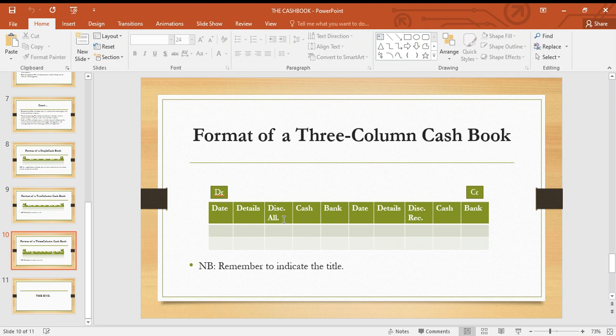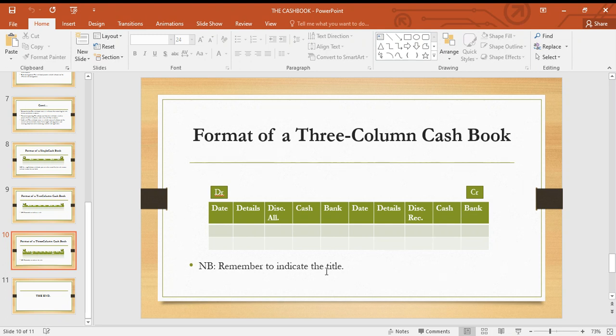You remember from our previous subtopics, that's the component of a cash book, we had this discount allowed as an income to the business. So we indicate it on the DR side. Then we have cash, then bank. On the other side, the credit side, we have the date, details, discount received, that's an expense, then cash and bank.